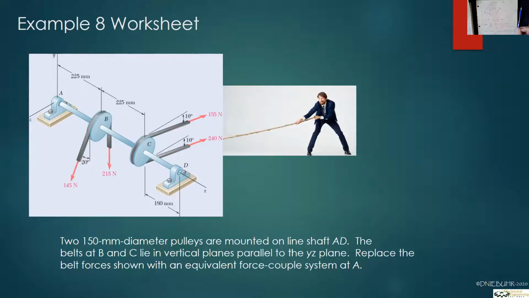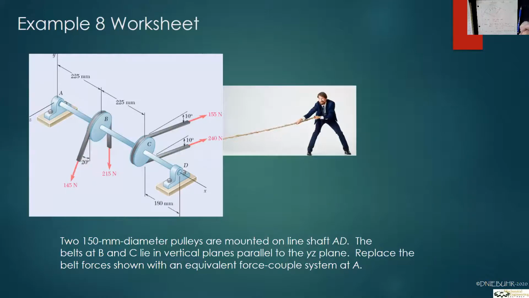So for one, if you look at the drawing, you can see that the force at C wants to pull the shaft so that it rotates about the y-axis. So if you think of the y-axis and you think of the moment arm as AC, the shaft distance, then that force is going to want to rotate about the y-axis. If you look at the force at B, it's going to want to rotate about the z-axis.